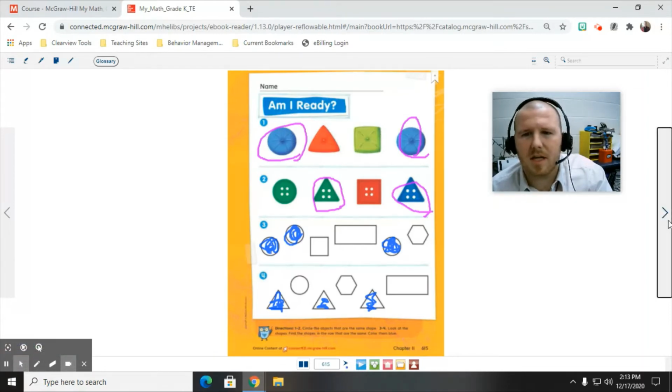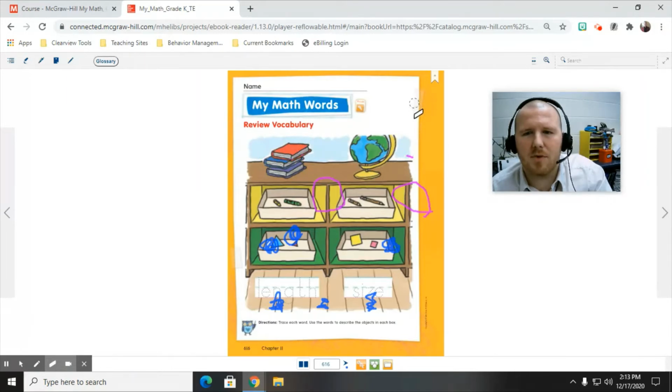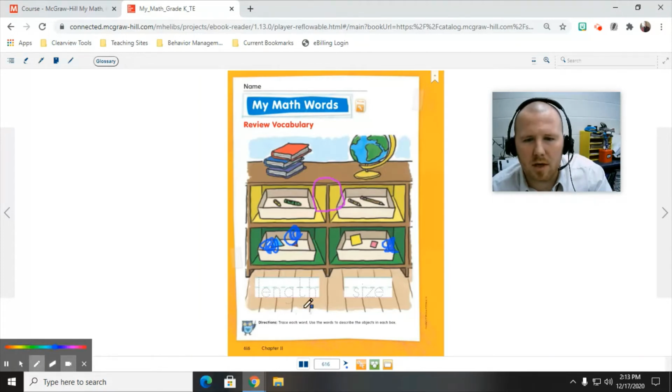Let's see what's on the next page. Oh, I gotta erase those. On this page, we're talking about vocabulary review. At the bottom it says trace the words and use the words to describe the shapes in each box. The first one says length.